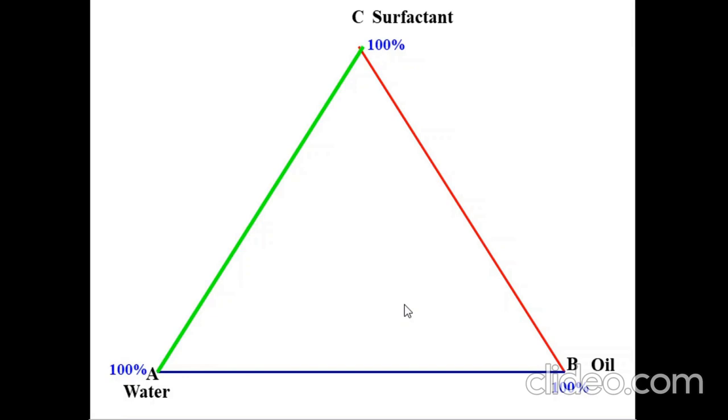Now, what are the rules relating to triangular diagrams? They are as follows. Number one, each of the three corners or vertices, that is vertex A, vertex B and vertex C, of this particular triangle represents 100% by weight of one component.